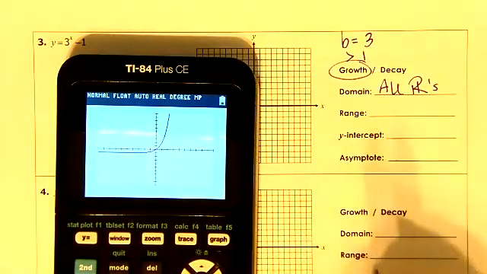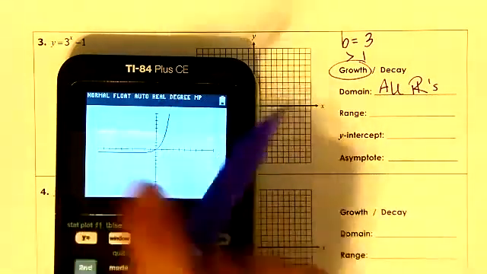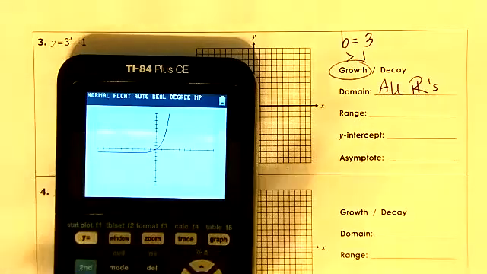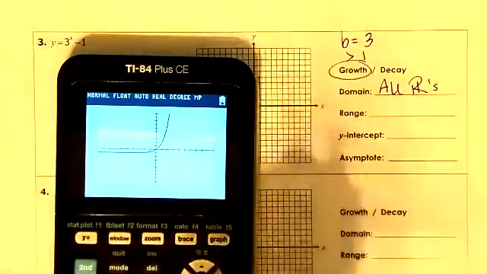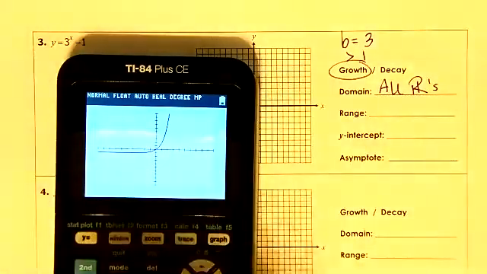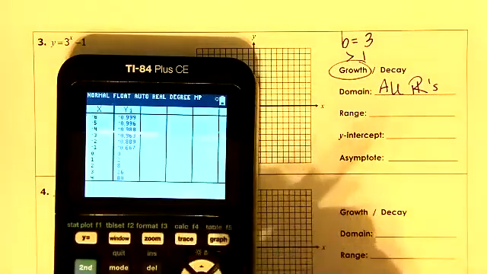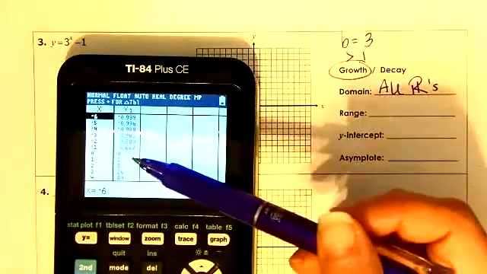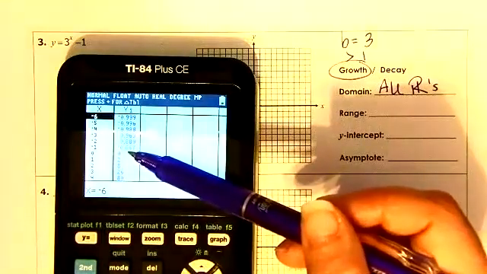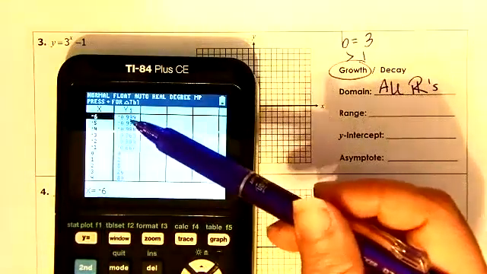Okay, and then, so now we're going to fill in. It's below the x-axis, so therefore our asymptote is going to be different. But we're going to get all of this information from our table of values. So I'm going to look at my second table, and we're going to notice it's pretty darn close to -1.